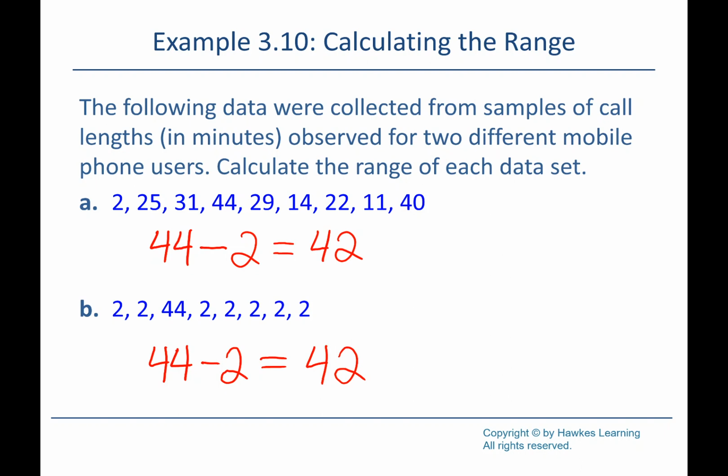Okay. If we take that 44 out, so we're not including the 44, we just got a bunch of 2's, then what would our range be? It'd be 0, because our big one would be 2, our small one would be 2. 2 minus 2, we would get a range of 0. And that's really more representative of how this data is spread out, because they're almost all the same value.